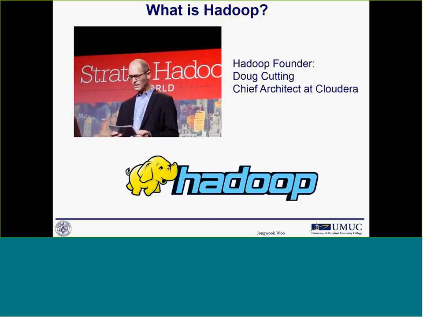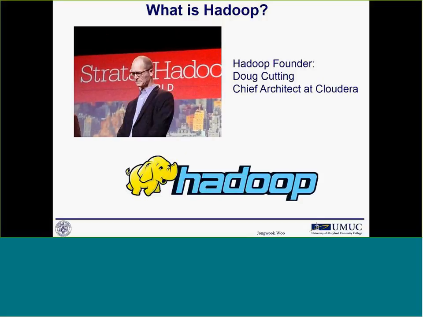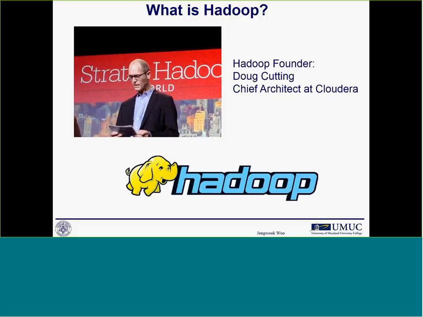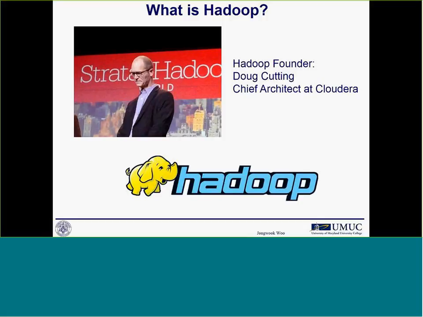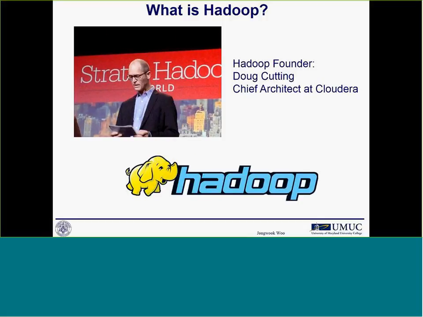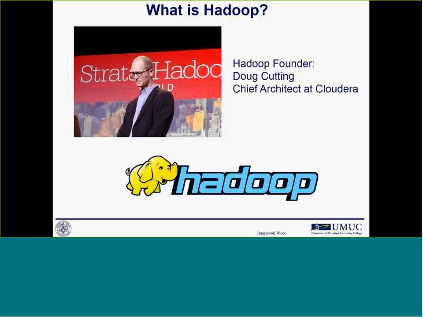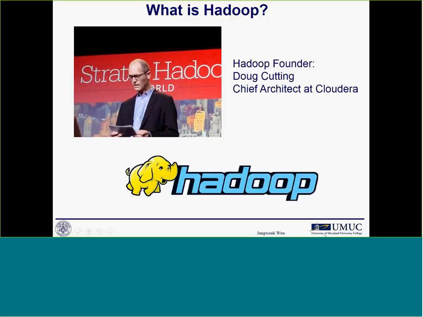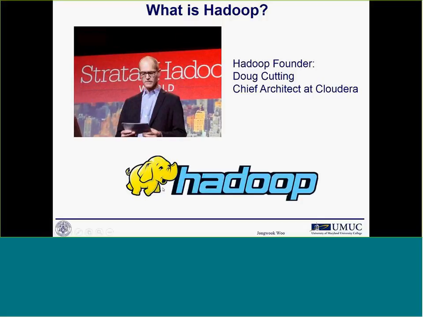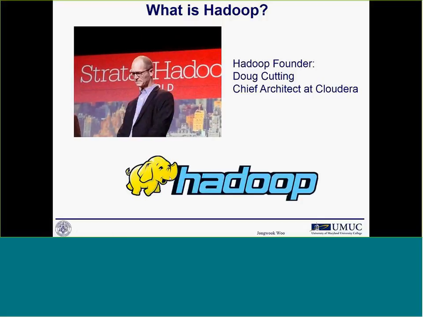And after he read Google's papers, he realized that those are really great ideas to handle massive data sets using a parallel distributed system. So he started another Apache project called Hadoop. And this is the icon of Hadoop. So whenever you see a yellow elephant, that is a Hadoop project.